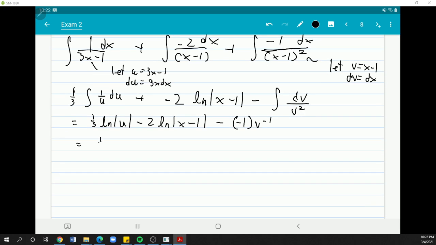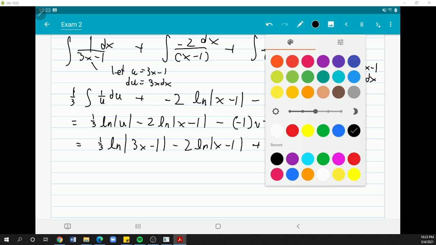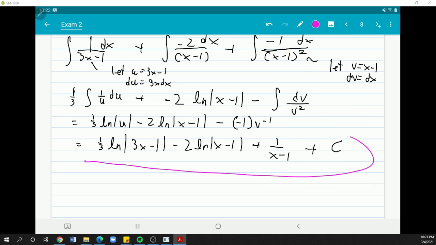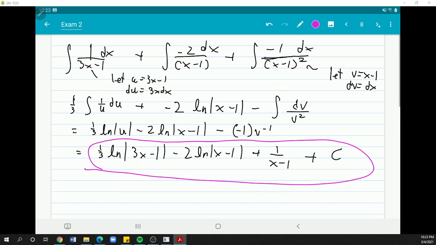And so finally you end up at 1/3 natural log 3x minus 1 minus 2 natural log x minus 1 plus v was x minus 1, so I just get 1 over x minus 1 and then plus c. And that is our partial fraction problem.